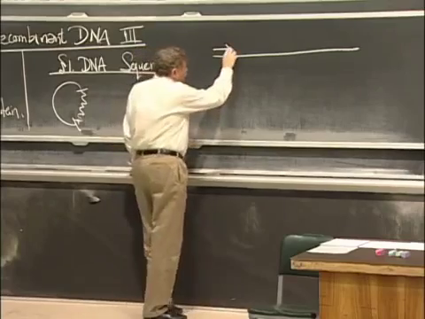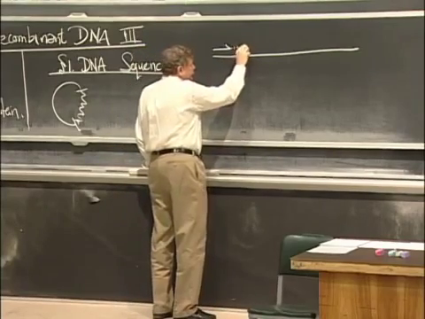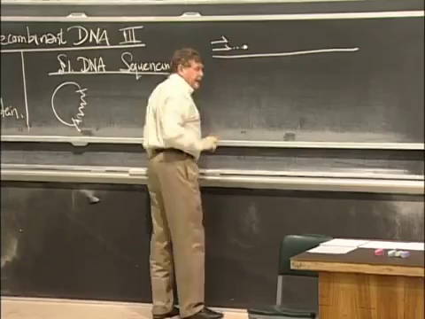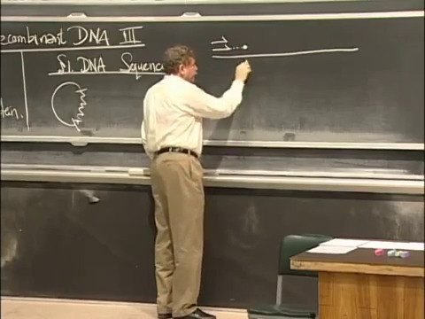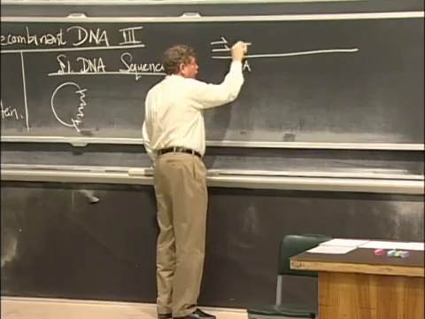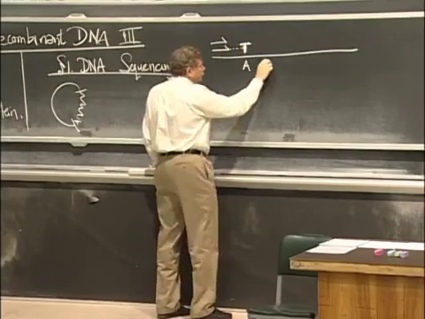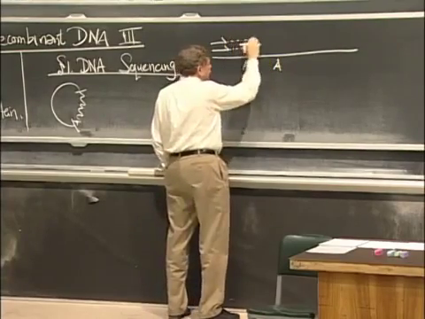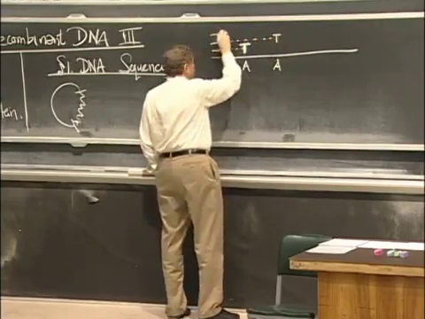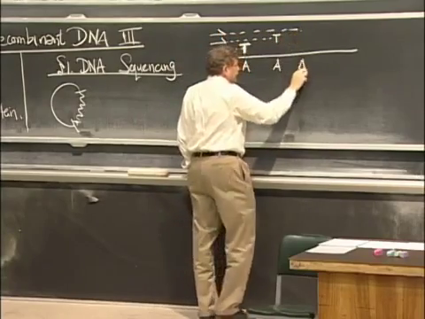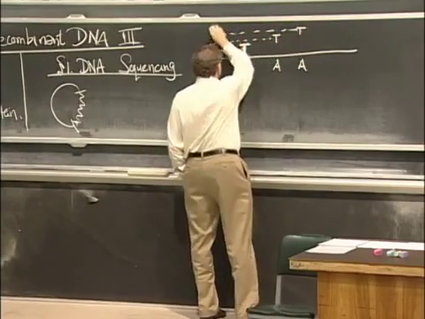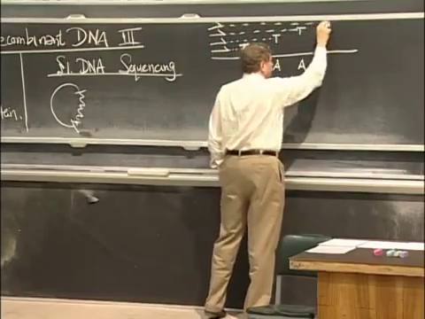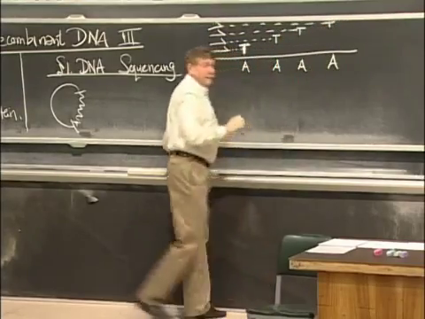From that primer, we extended, and we hit a point, let's say, opposite an A, or maybe opposite the next A, or opposite the A after that, or opposite the A after that.